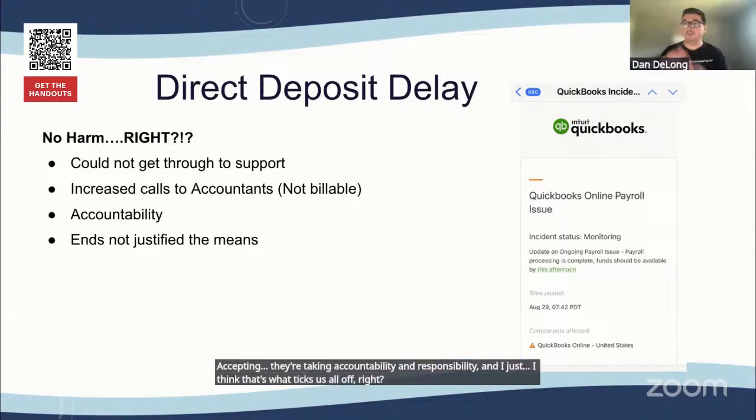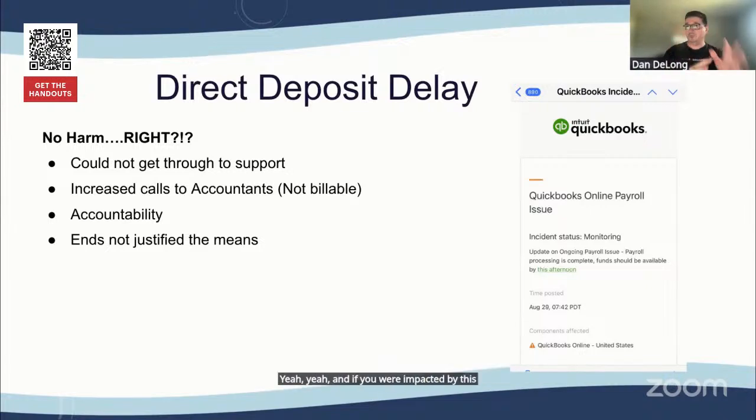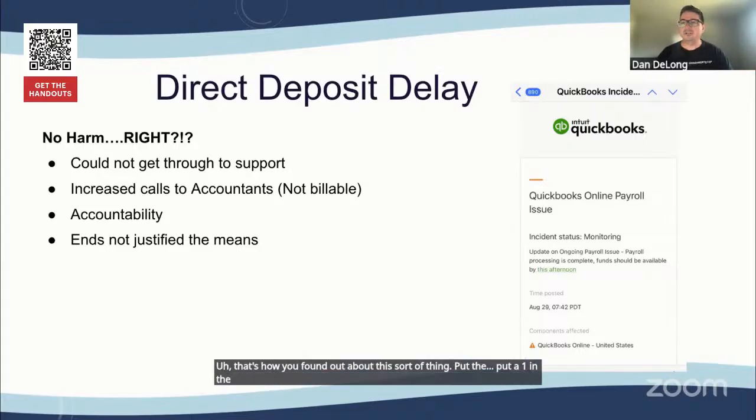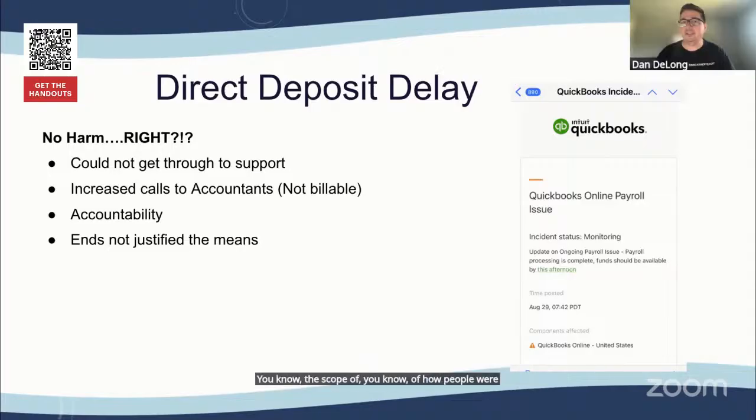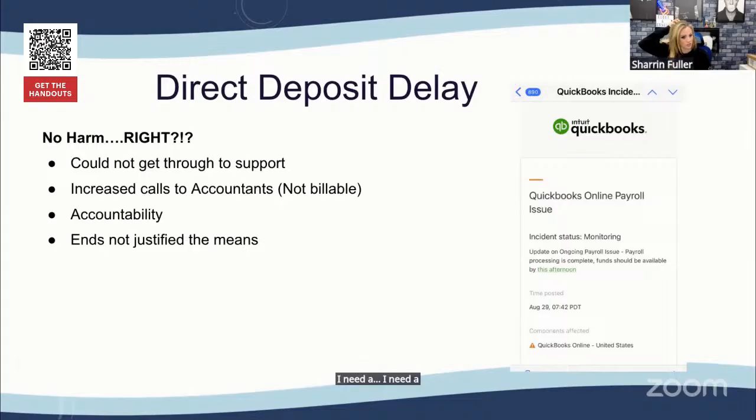And if you were impacted by this, like if you were reached out to by a customer and that's how you found out about this sort of thing, put a one in the chat, because I do want to get an understanding of the scope of how people were impacted by this. I need a spreadsheet for this.